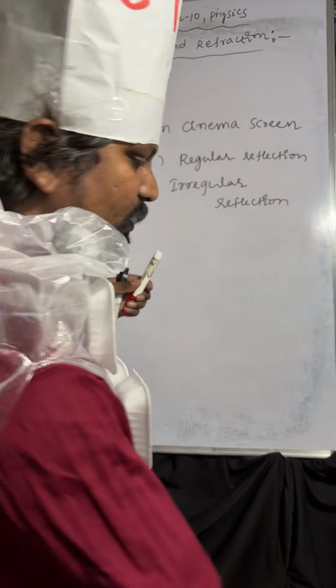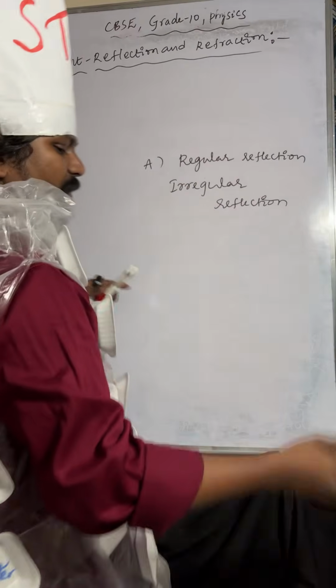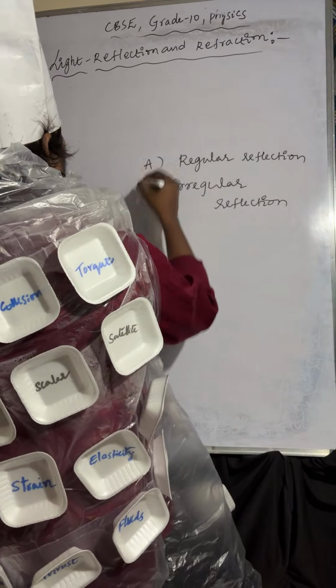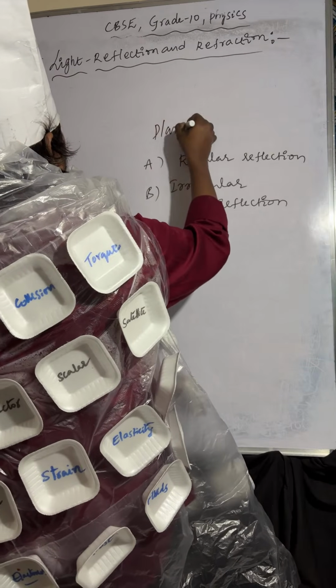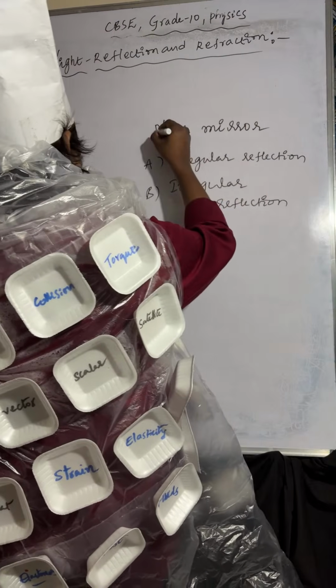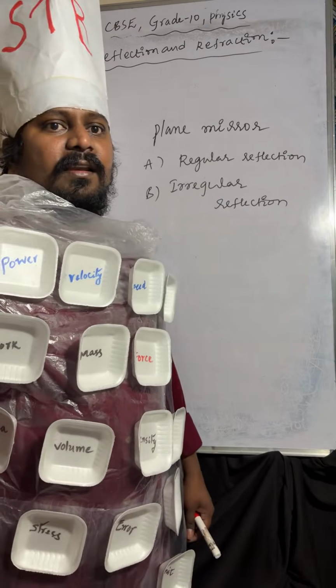So next one I will be changing. Plane mirror. On plane mirror, what type of reflection of light takes place? Regular or irregular?